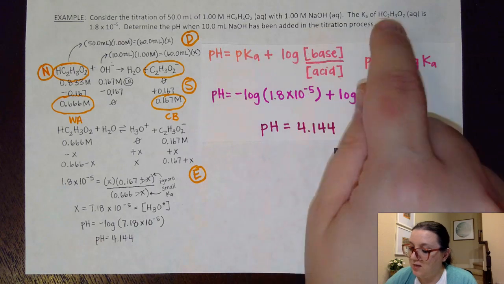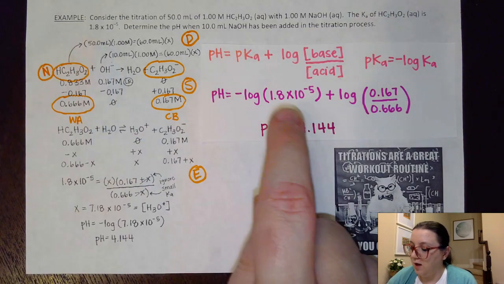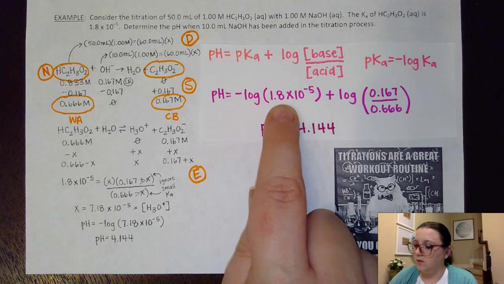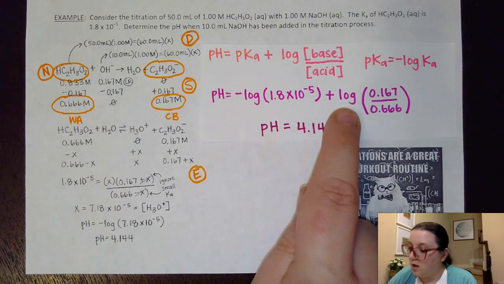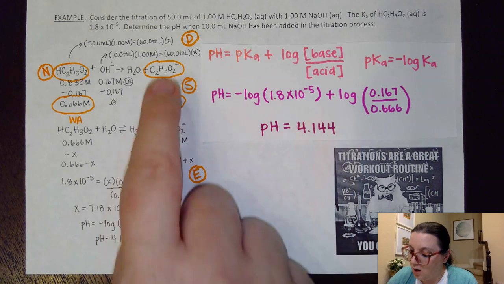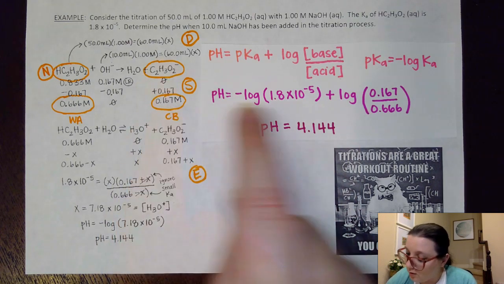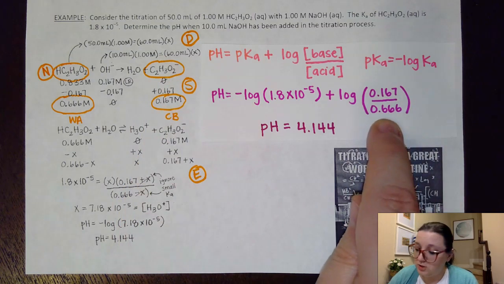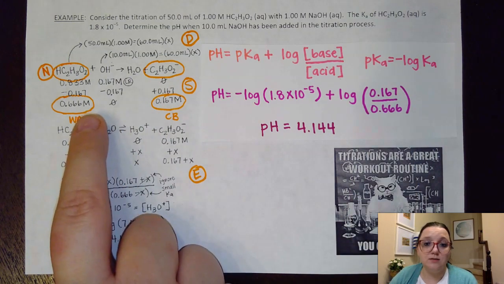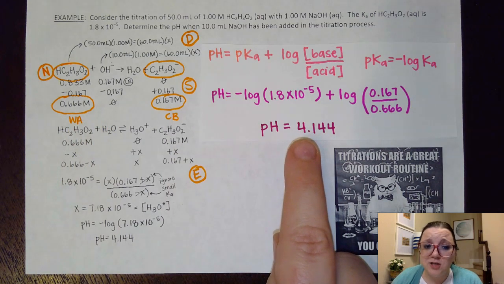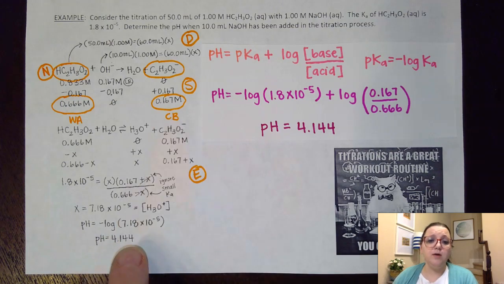They gave me the Ka as 1.8 times 10 negative fifth, so I plug that in here with the negative log to get to pKa. Plus the log of my base, the conjugate base was 0.167 molarity, over the acid, which in this case was 0.666. And look at that. Hot diggity dog. It got exactly the same pH I got when I did equilibrium.